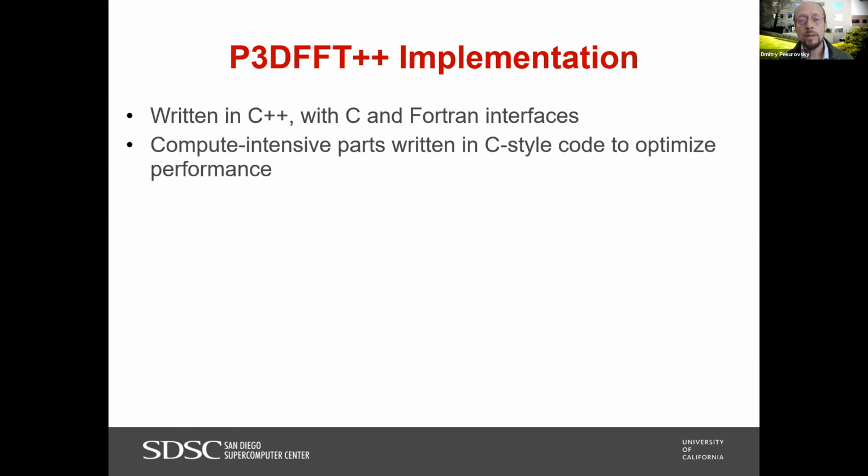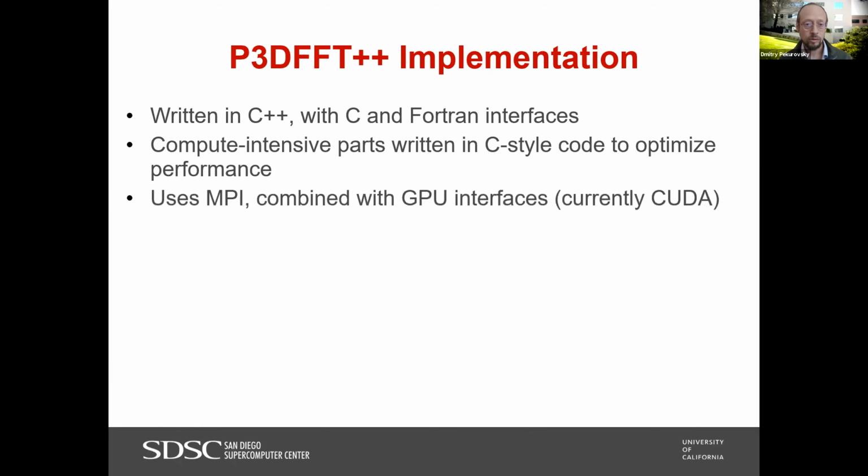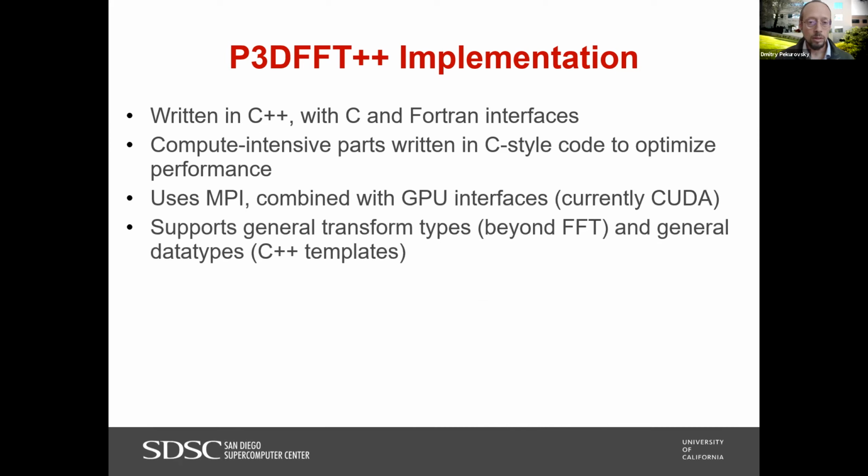We want to use all the convenient features of C++, but we don't want to compromise performance. So the compute-intensive parts are written in C-style code to optimize performance. It uses MPI. It uses CUDA currently for the GPU interface, but this can be easily generalized, as I mentioned, to other interfaces. It supports general transform types beyond FFT and general data types.